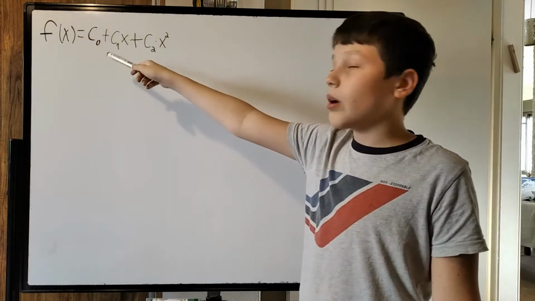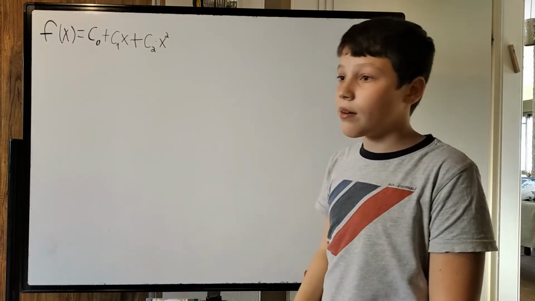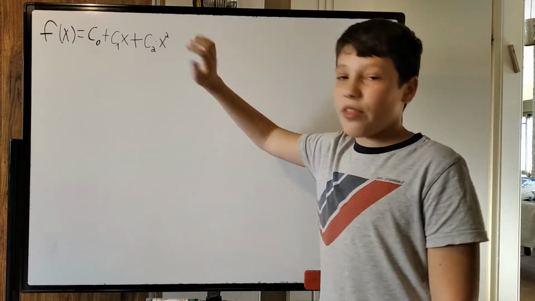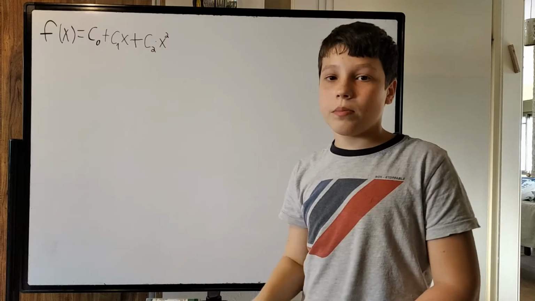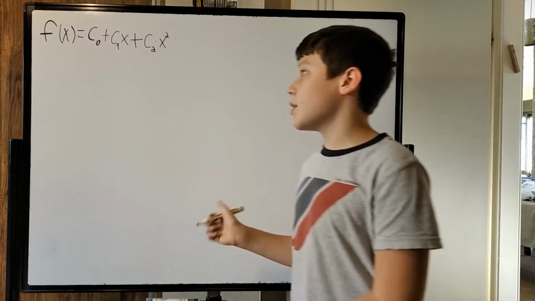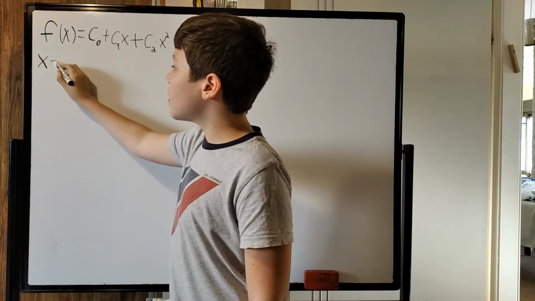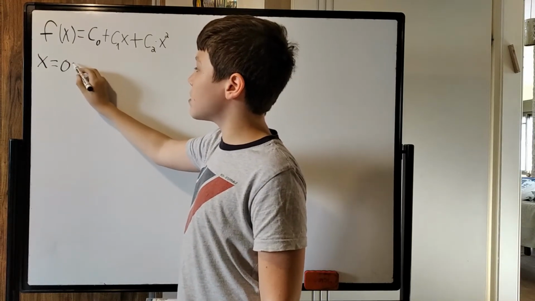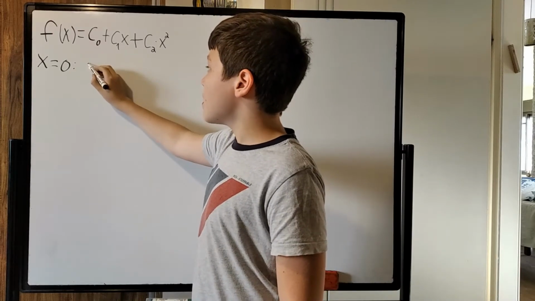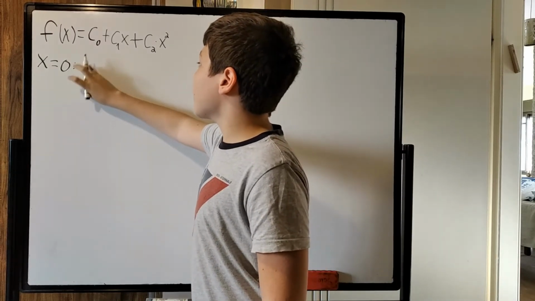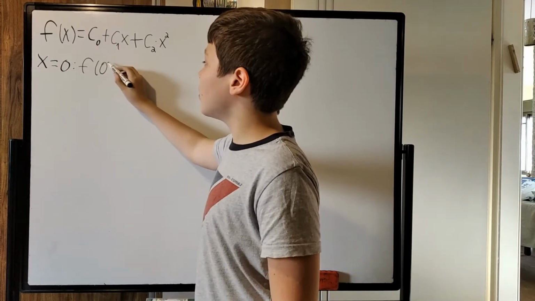Then it's equal to c0, the constant, plus c1 times 0, plus c2 times 0 squared. Anything times 0 will be 0, so these terms will be 0, and I'll have c0 left. So if we write that down, at x equal to 0 we have f of 0.